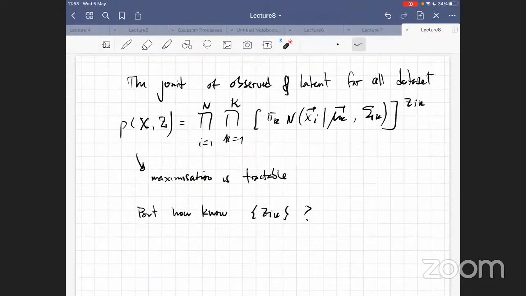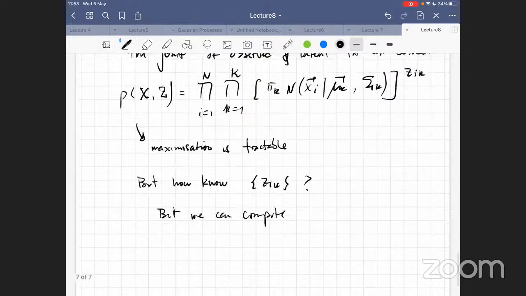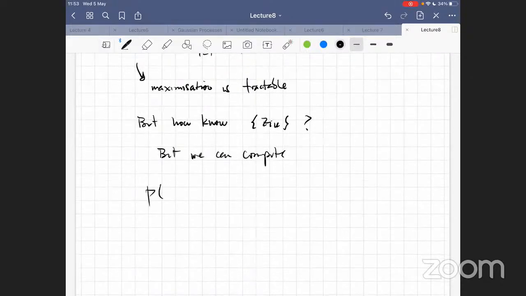Okay, so what we can do is compute the posterior. What is the probability of z_ik equal 1 given some observation? Imagine now that I have observed one point, x_i. I can certainly compute this posterior. Let me just write the first step here.